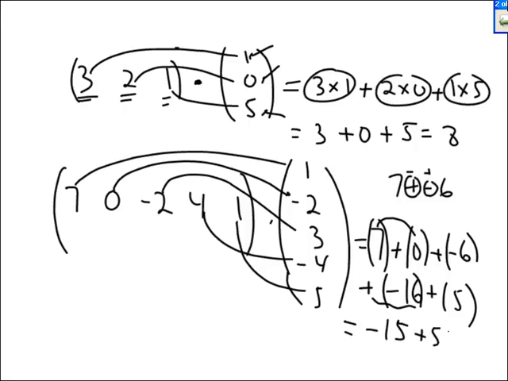And let's not forget to add the 5. If you owe somebody $15 and you pay them 5, you still owe them 10. So that's a major step in multiplying matrices, knowing the dot product.